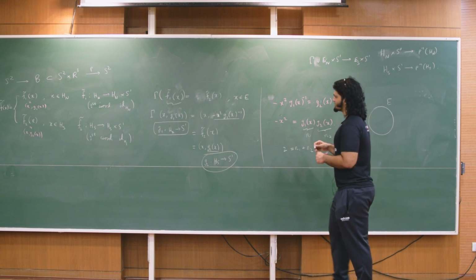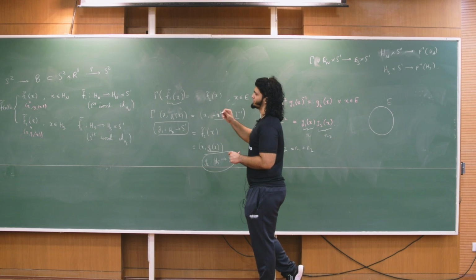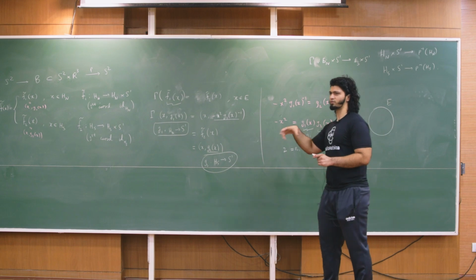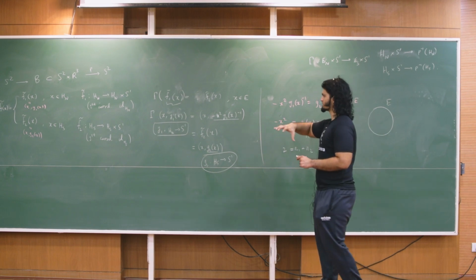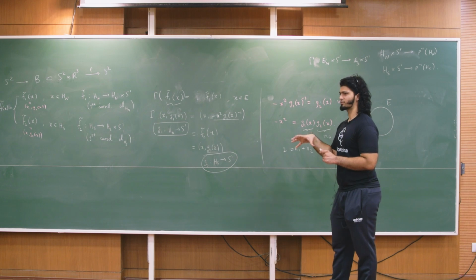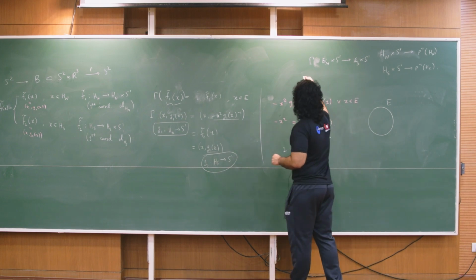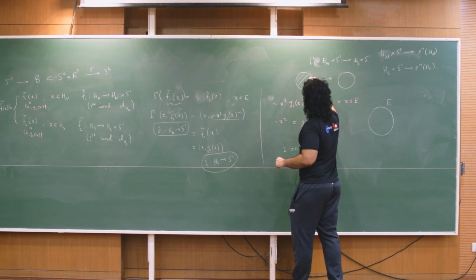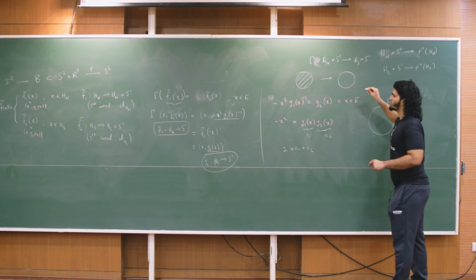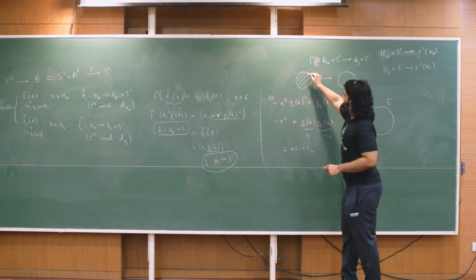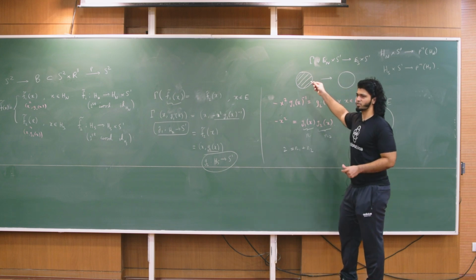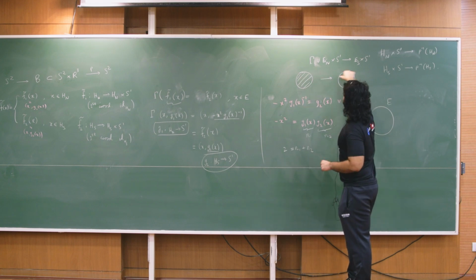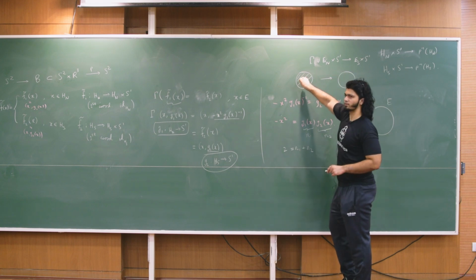And when you extend it to a disk, think about this, you have a map from S1 to S1, it's going around some number of times. If you extend this map to a disk, so what I mean by that is, you have circle to circle, and then I extend that to a solid disk to S1. That means that the map on the boundary must have winding number 0, because you are taking this circle which is going around some number of times, and then you can contract it, right?